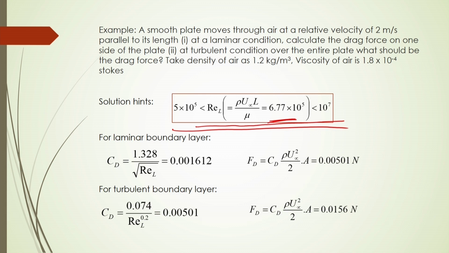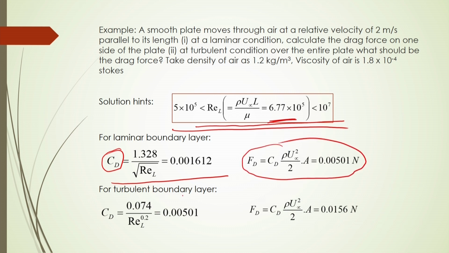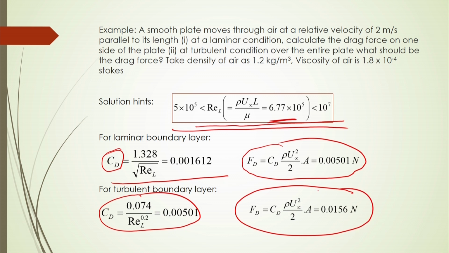For laminar boundary conditions, if we substitute this Reynolds number, we can calculate CD and FD by these equations, and for turbulent boundary conditions we get the CD and FD here. So, see the difference between laminar and turbulent conditions: there is a change of drag coefficient based on this example.